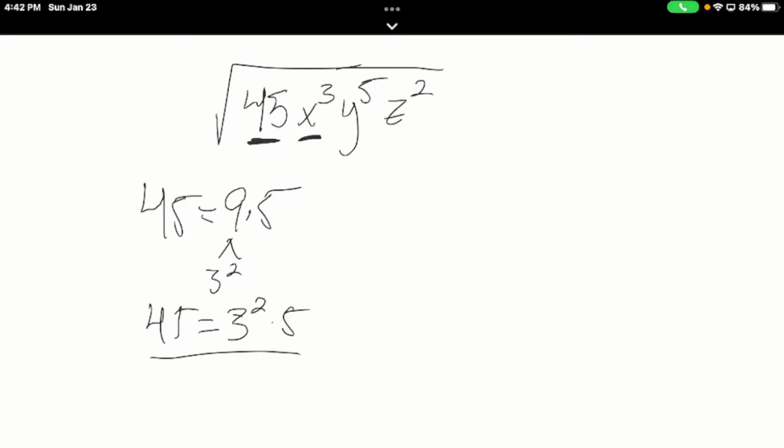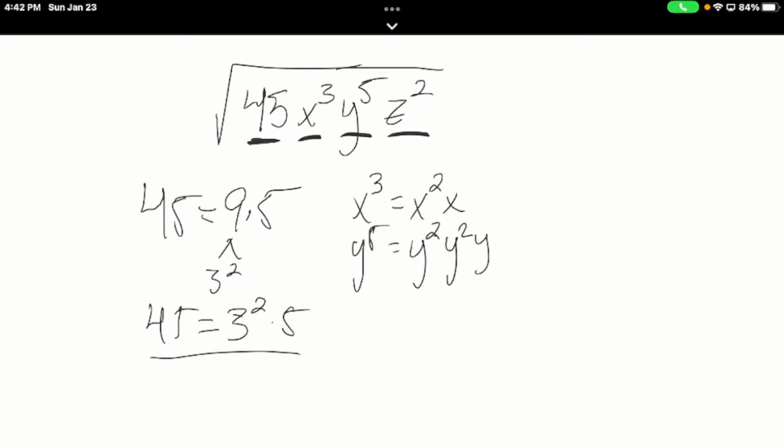I'm going to go through each of the letters now too. X cubed, I'm looking to make it into something that has x squared in it. So that can be x squared x. Y to the 5th, I can make into y squared y, or y to the 4th y. It's the same thing. Z squared is already squared, so I don't even need to change it into anything.